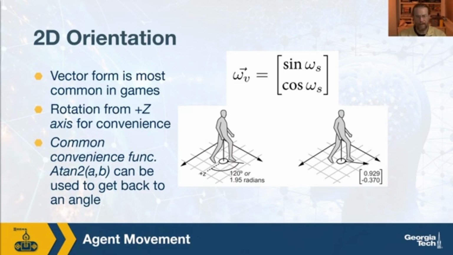If you look in a math book, you'll see rotations relative to x. And so that might change the terms in the trigonometry, whether the x term has the sine or the cosine versus the z.